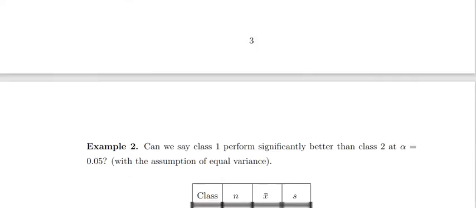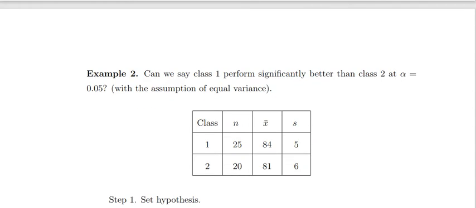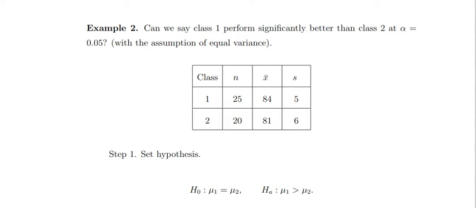So now let's consider the problem we considered before. We have 2 classes. Class 1 average is 84, class 2 average is 81. So we have evidence that 84 is larger than 81, so class 1 performs better.